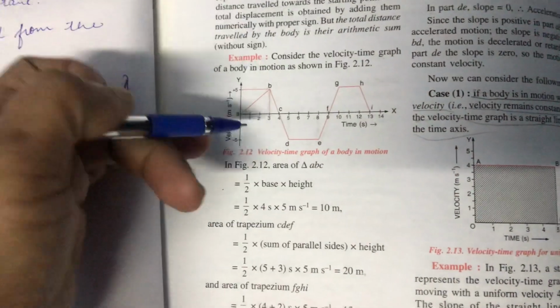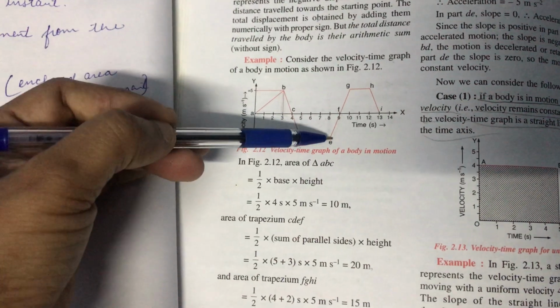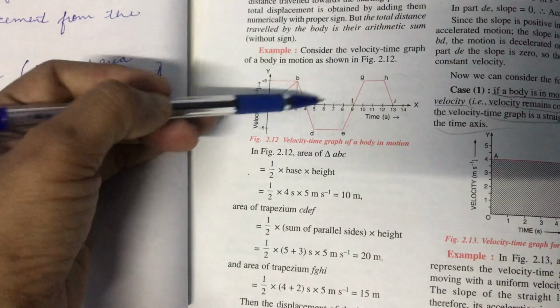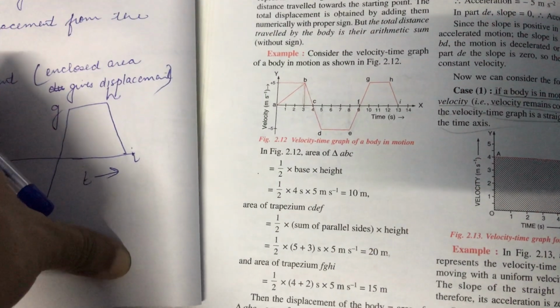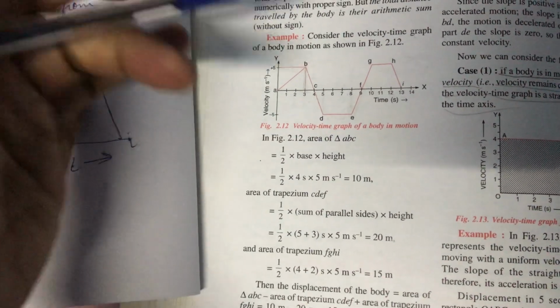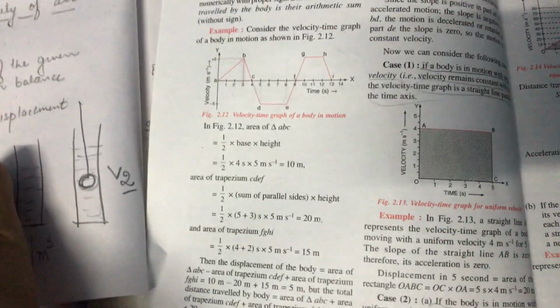Fine. So what is the sum of parallel sides? The parallel sides are 8 minus 5, that is 3, and CF, how much is CF? Yes, that is 5. So simply 5 plus 3 into the height, we are taking 5. So that is about the distance and the displacement part.